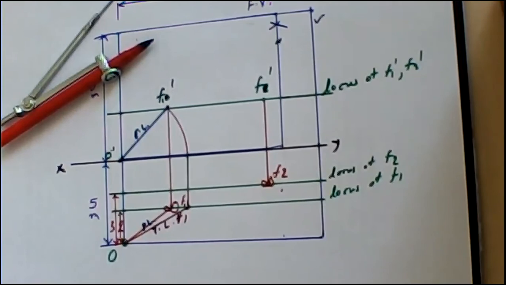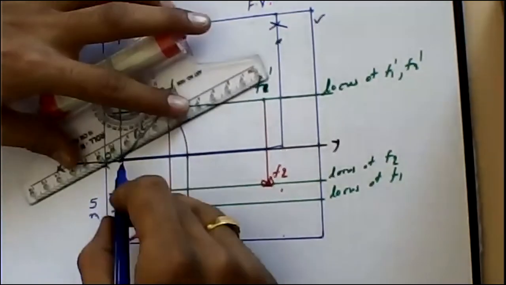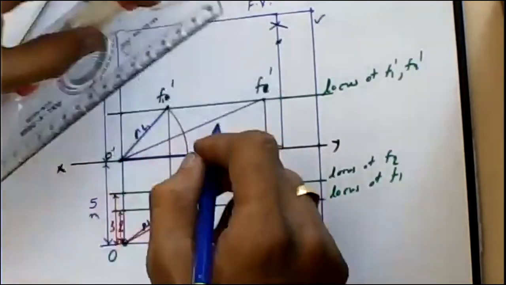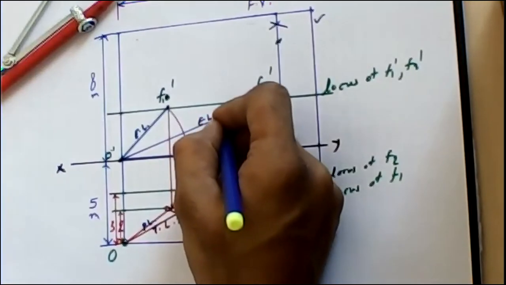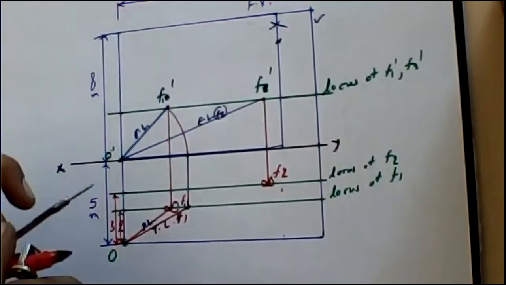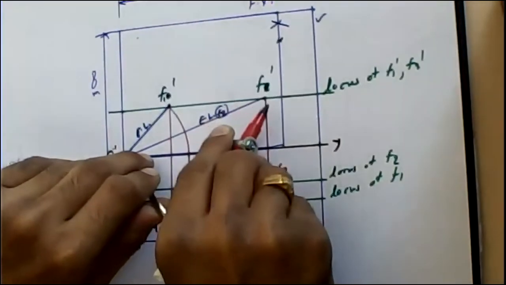In similar manner, if I do consider the O dash F2 dash, it is going to be connected over here, which is representing the elevation length for F2. Now what we need to do, we need to draft an arc and then a straight line. So we are going for O dash F2 dash.